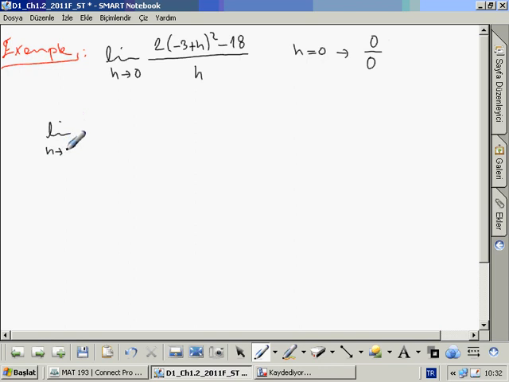Limit as h goes to 0, and it will be 2 times (9 minus 6h plus h squared) minus 18 over h.